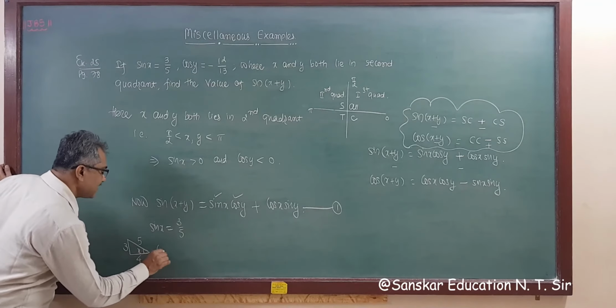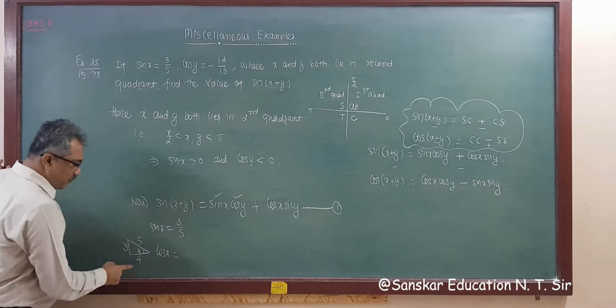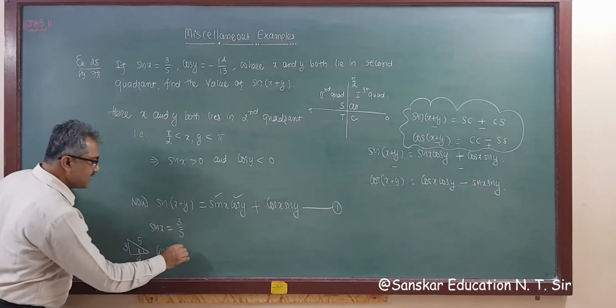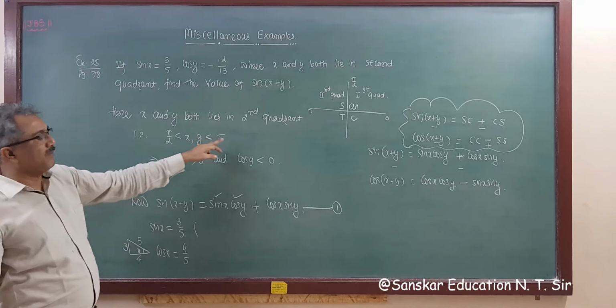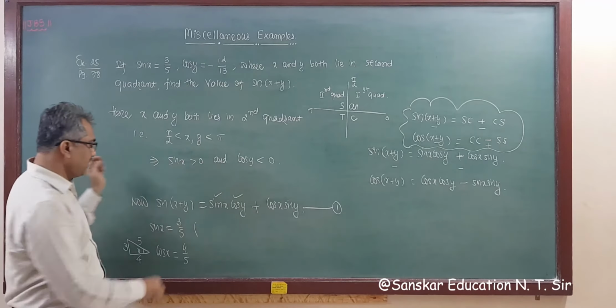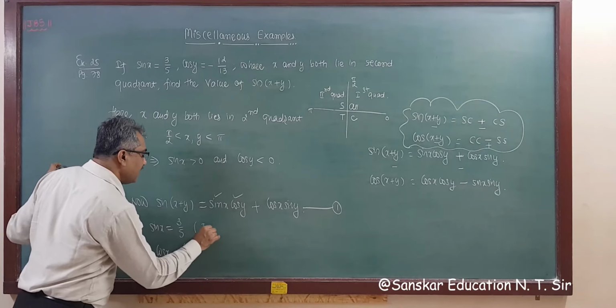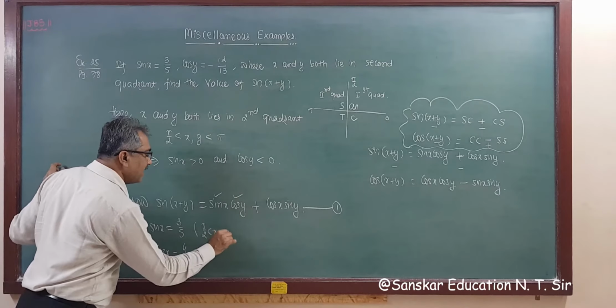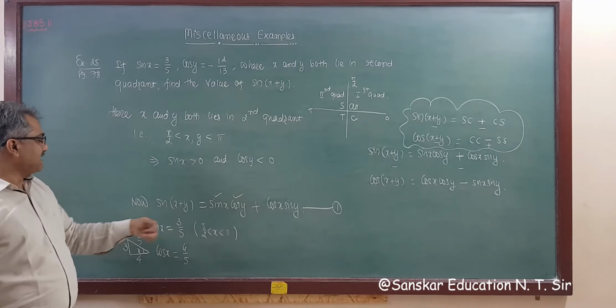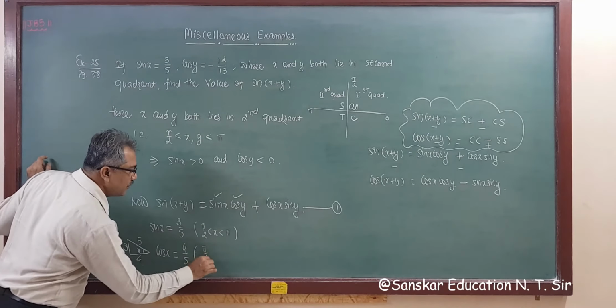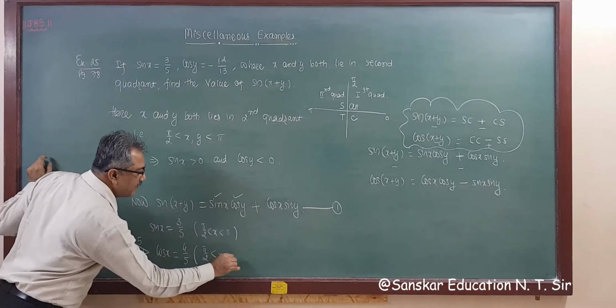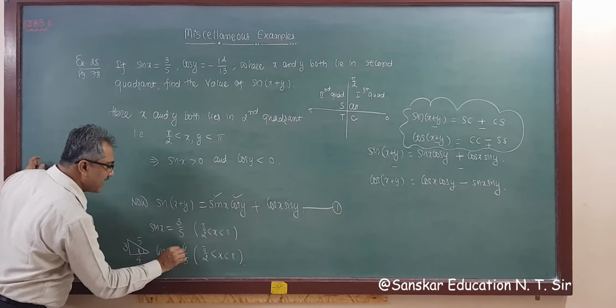So cos x is equal to adjacent upon hypotenuse, 4 by 5, but x lies between pi by 2 and pi, that is the second quadrant. So pi by 2 less than x less than pi, second quadrant, and in the second quadrant cos is negative.